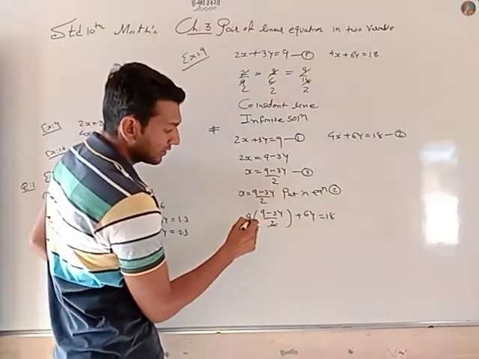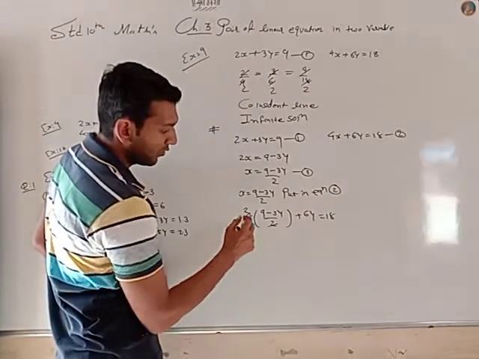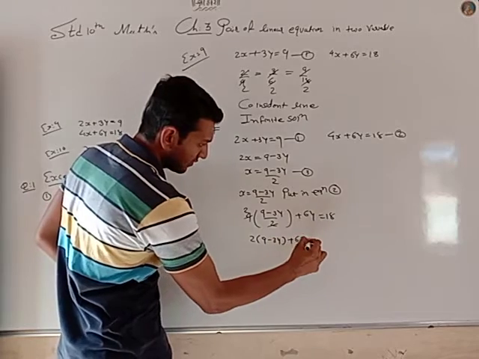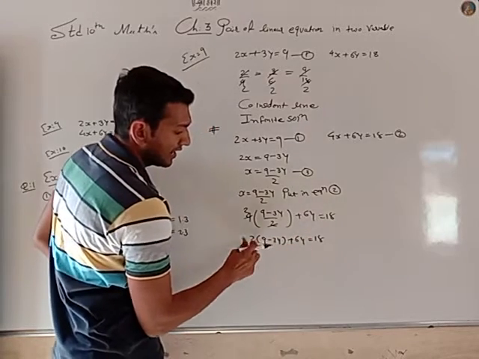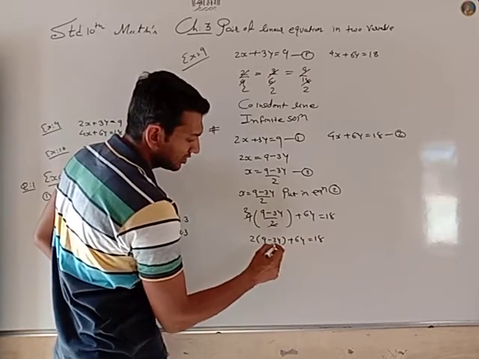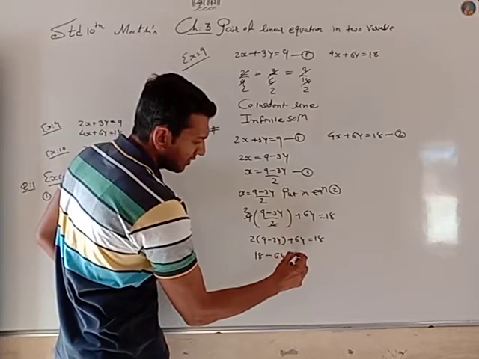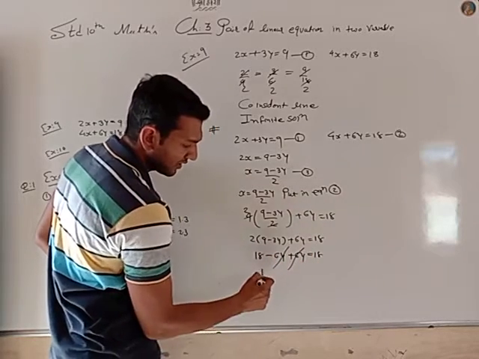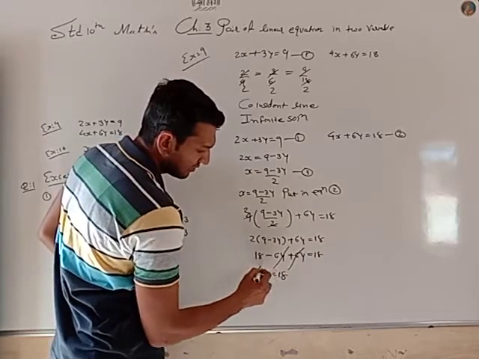Here 2 twos are 4. So 2 bracket 9 minus 3y plus 6y is equal to 18. 9 twos are 18, 3 twos are 6y, minus 6y plus 6y cancel. 18 is equal to 18.